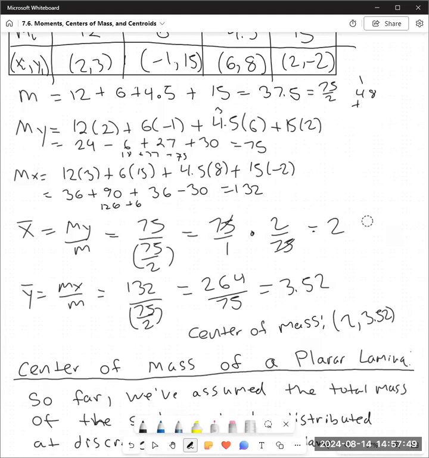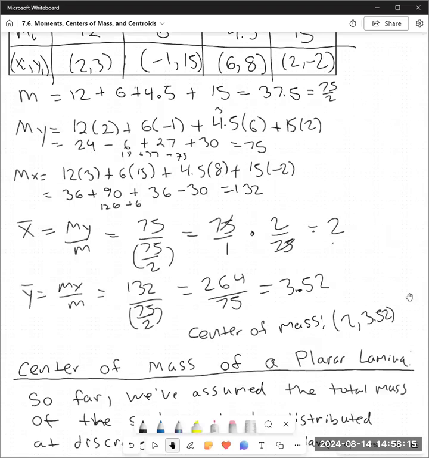And then our m sub y was 75, divided by 75 halves, is going to give us exactly 2. And our 132 divided by 75 halves, that's not going to be a nice answer. 264 over 75 is 3.52.